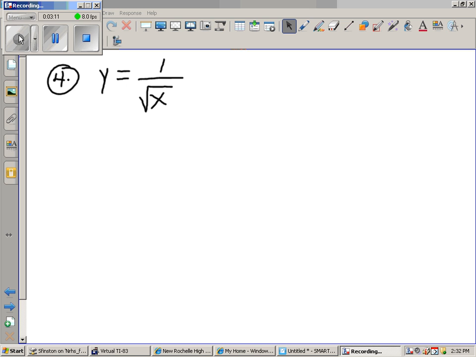Okay. So the third thing that we learned about, I think, before we left was something that looked like this, right? Here you have the combination of a square root and a fraction. Very nice, Hannah. It's x has to be greater than 0.